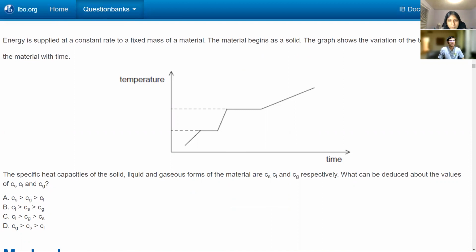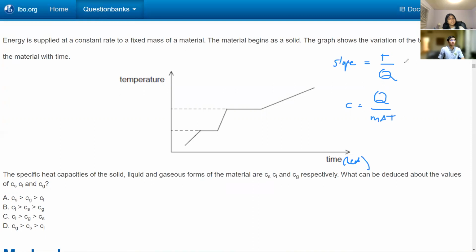So the slope here is in terms of temperature over heat, right? Time is essentially heat, right? So slope is temperature over heat, and C is equal to Q over M delta T, right?